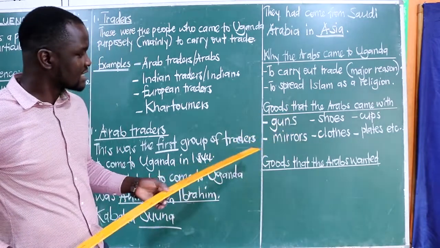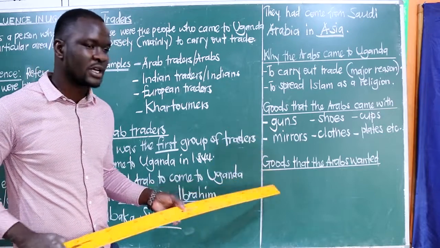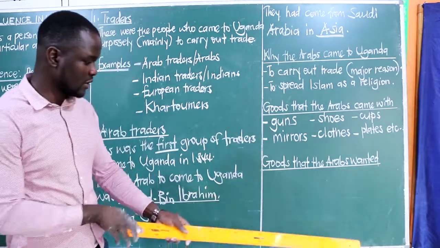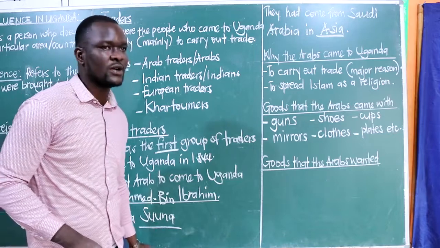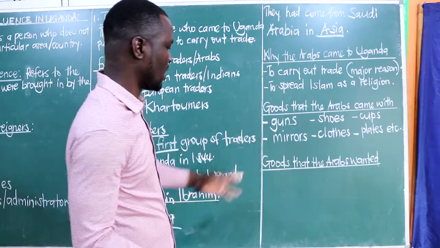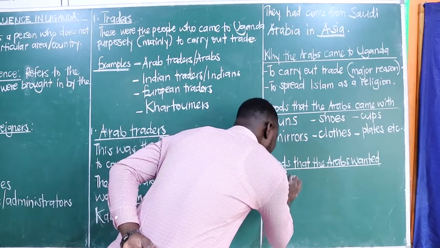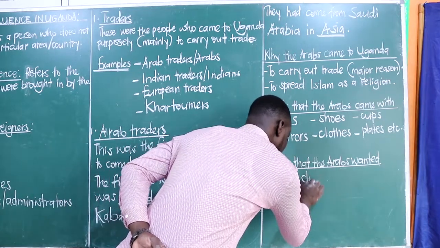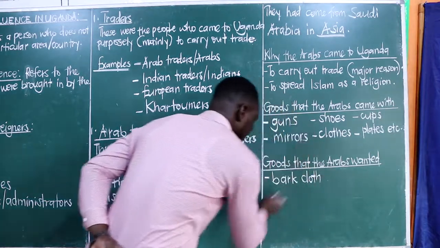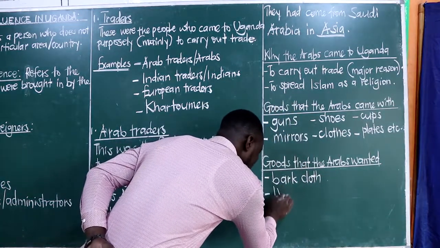Or you can be asked to tell the goods that the Arabs wanted from Uganda. Meaning, you are now looking at what was in Uganda that these people wanted. One, these people wanted back cloth. These people wanted ivory.